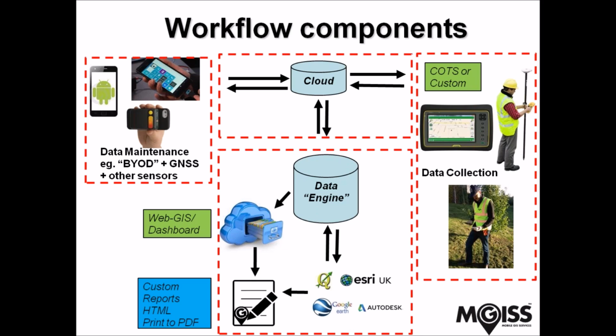By adding in a cloud component, and this really is dependent on your own IT infrastructure and security, you've got complete connected activity, and also the ability to cache information and send it back to the cloud or directly back from the field without having to revisit or return to the office. So if you're part of a large field team, for instance, and you need them to share information in real time or near real time, then the cloud component of a mobile GIS workflow becomes more viable.